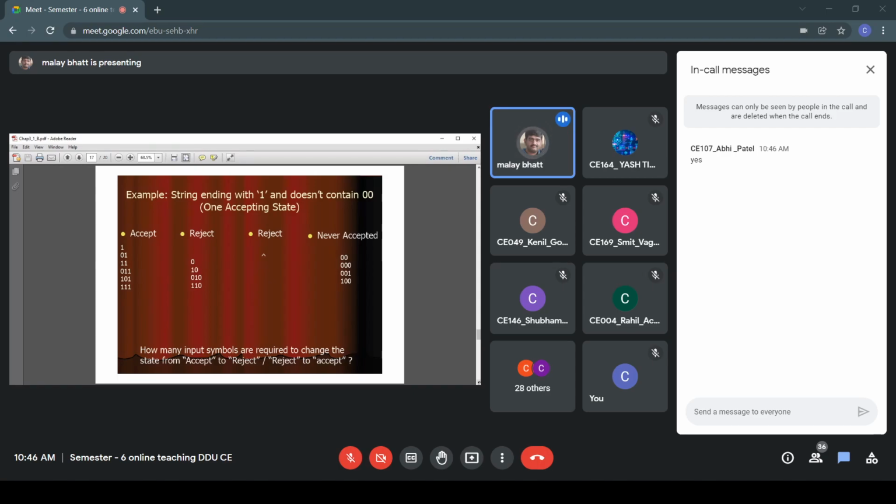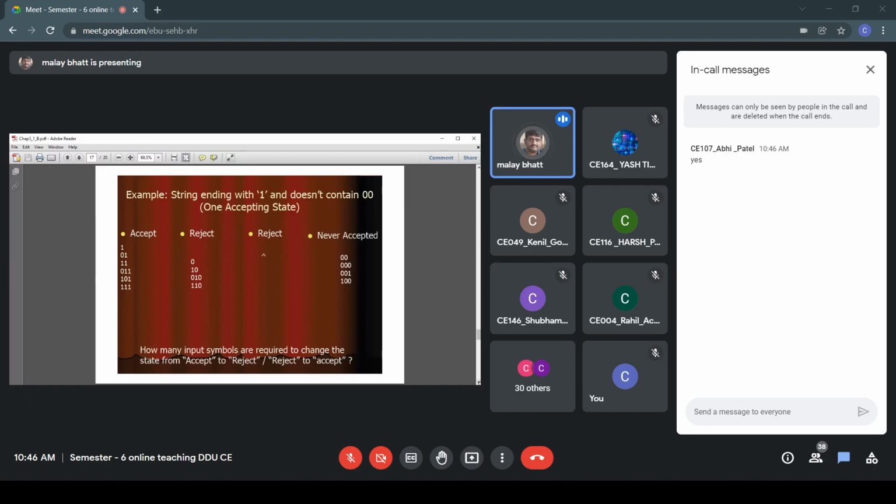Now here you can see we are putting the null in a separate state, the null state. The reason is, from the null, if I consider 1, then 1 is accepted, while if I consider 0, it will be rejected.